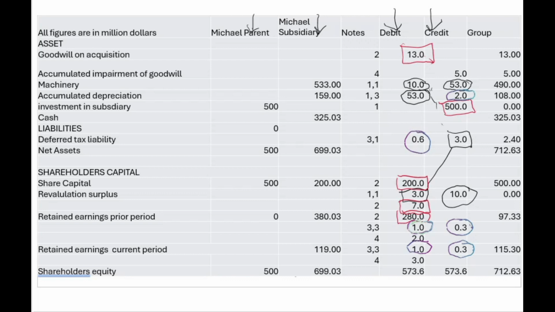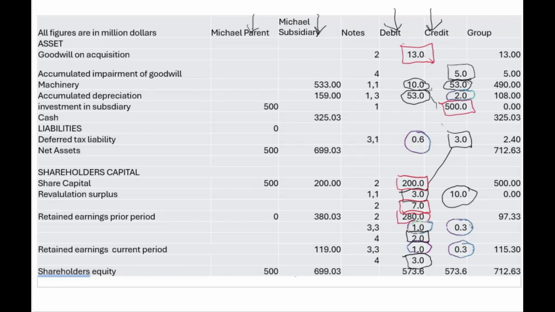And our fourth entry relates to goodwill impairment. In the current period, goodwill has impaired by 3 million, and the previous period it has impaired by 2 million. And the accumulated impairment of goodwill is 5 million.